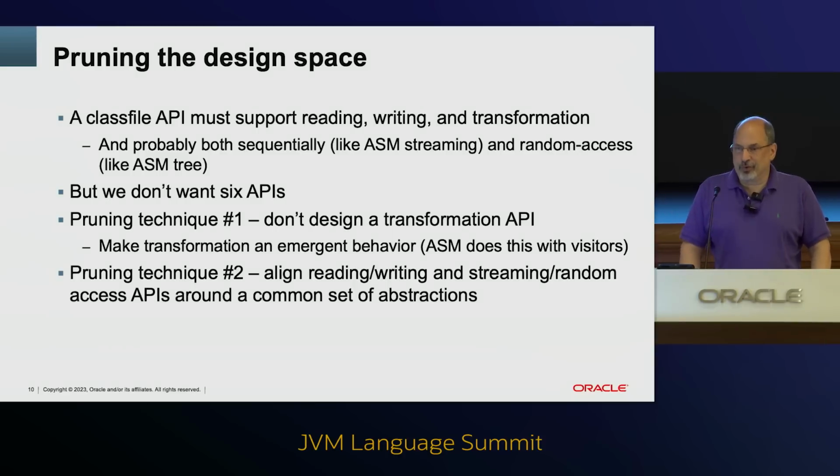ASM calls it streaming versus tree, where sometimes you just want to walk through the class file and pick out the bits you care about, and sometimes you want to jump around and process certain bits multiple times, et cetera. And if you multiply that out, you could have to design as many as 6 different APIs. We definitely didn't want to do that. But it's actually fairly easy to do that if you're not careful about it.